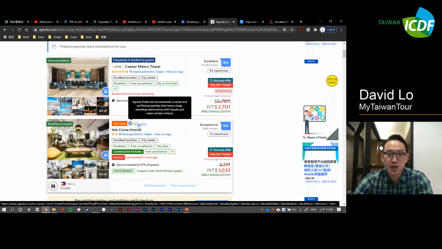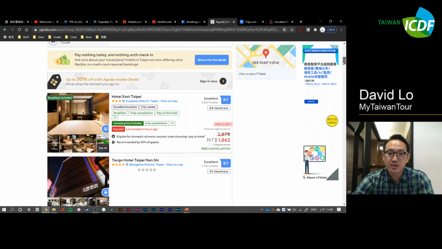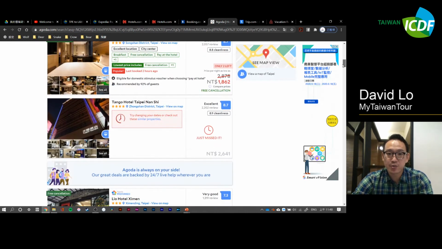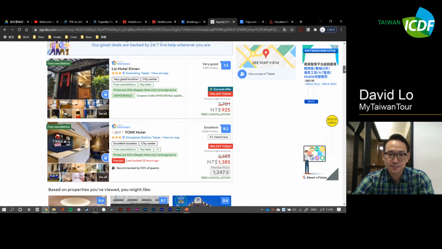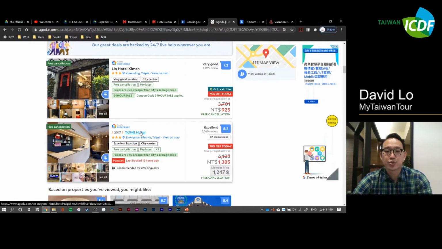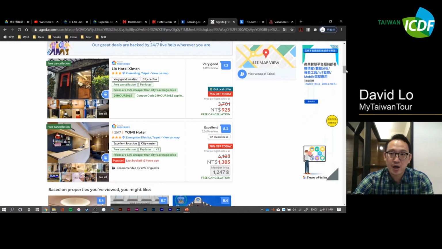You can see there's an Agoda Preferred signage here. That means they participate in some of the unique promoting tools with this OTA. You can see there's another one here. And you will find their sort order or exposure is mostly better or higher than the other hotels.